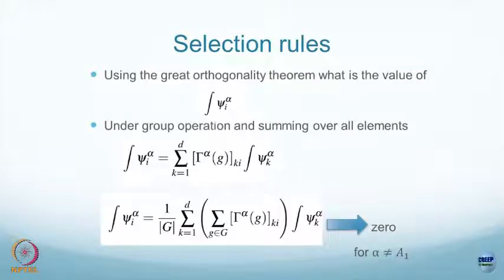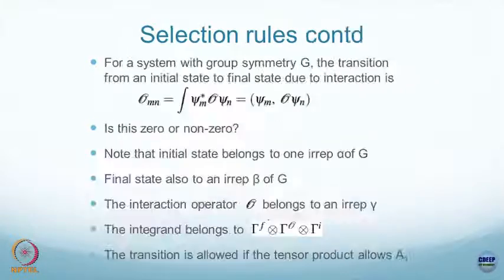I am not doing any regular or anything, I am just looking at a state which belongs to one irrep. I am just doing a group operation. If it belongs to a degenerate irrep, then the group operation will actually mix them, and I am just trying to see what happens under this operation, that is all. Yeah, any other question? See, both sides you can put that summation, it is just that 1 over g will make it 1 because it is not really acting on that. Okay. Is this clear?